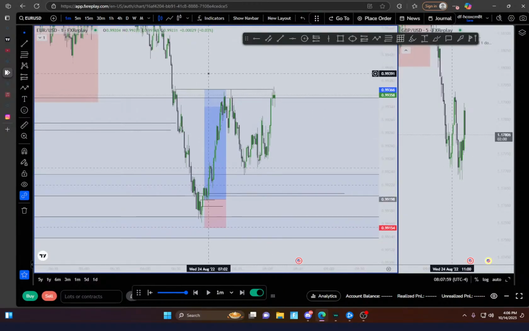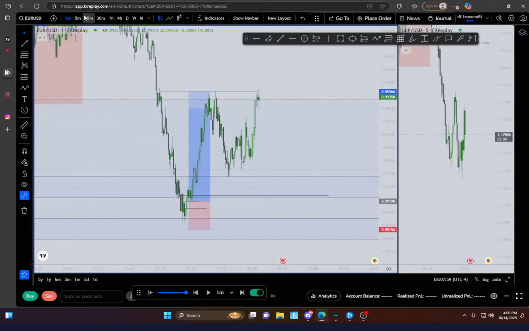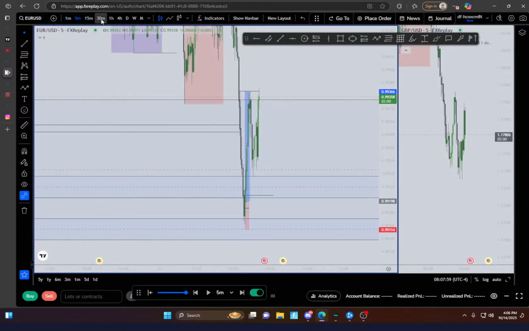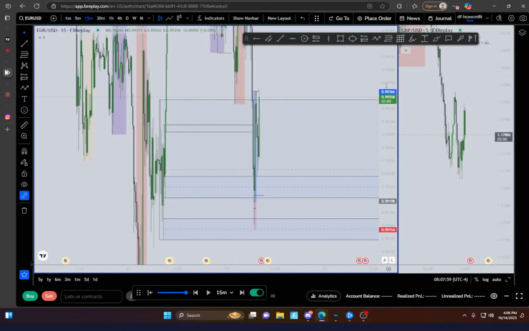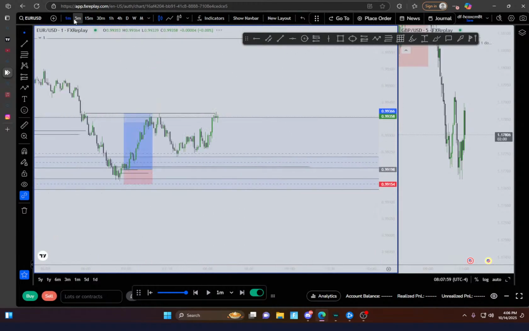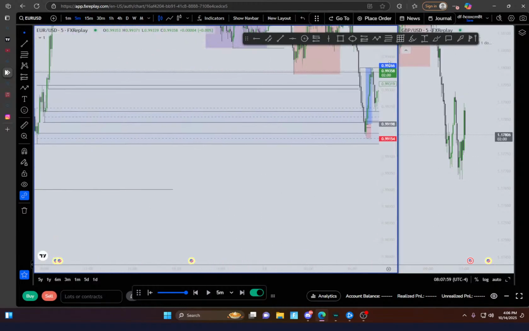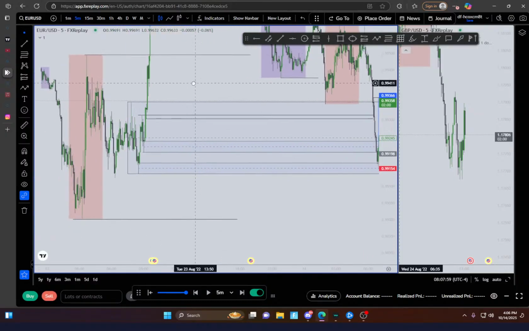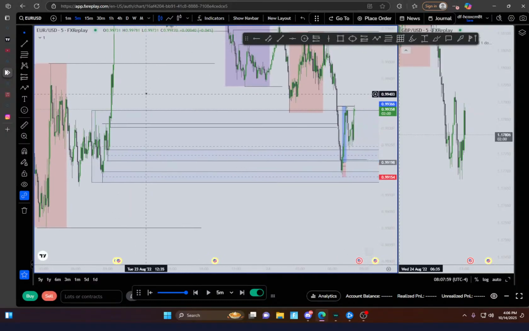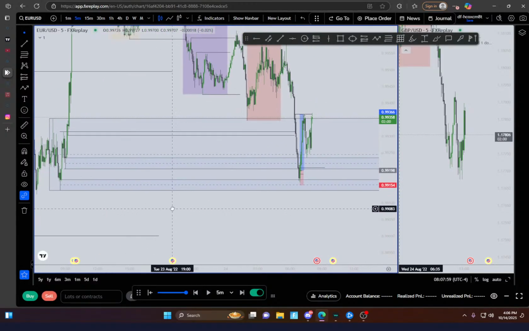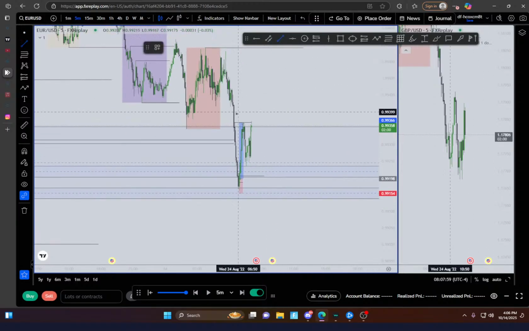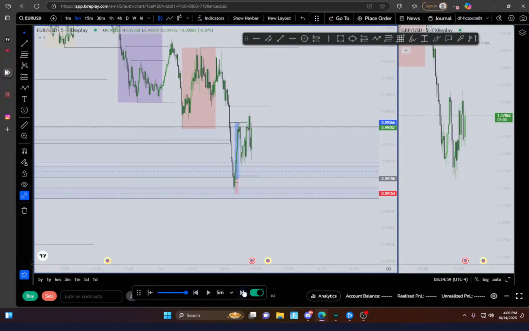Alright. So now go back to the 5. No. Go to, let's see, the 15. No, 5 minute. So yeah, so we're in this sell to buy. So that liquidity price is efficient now. That would be nice.